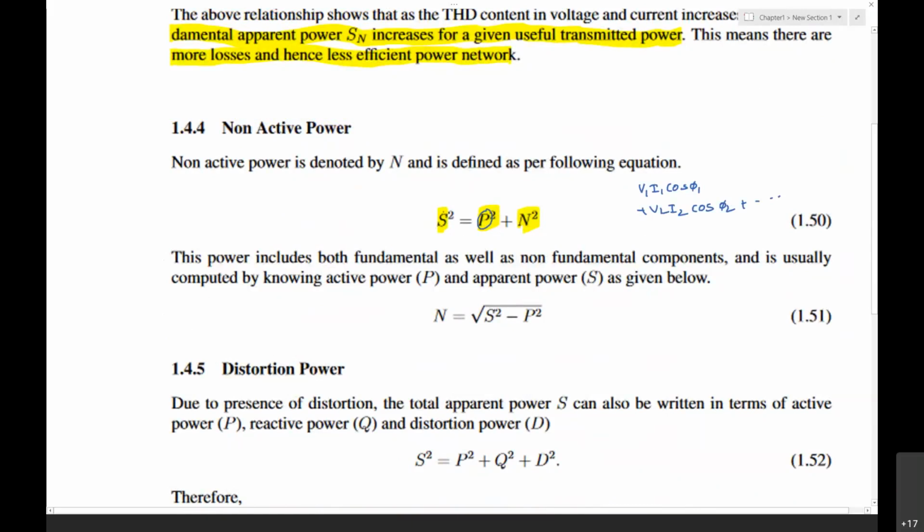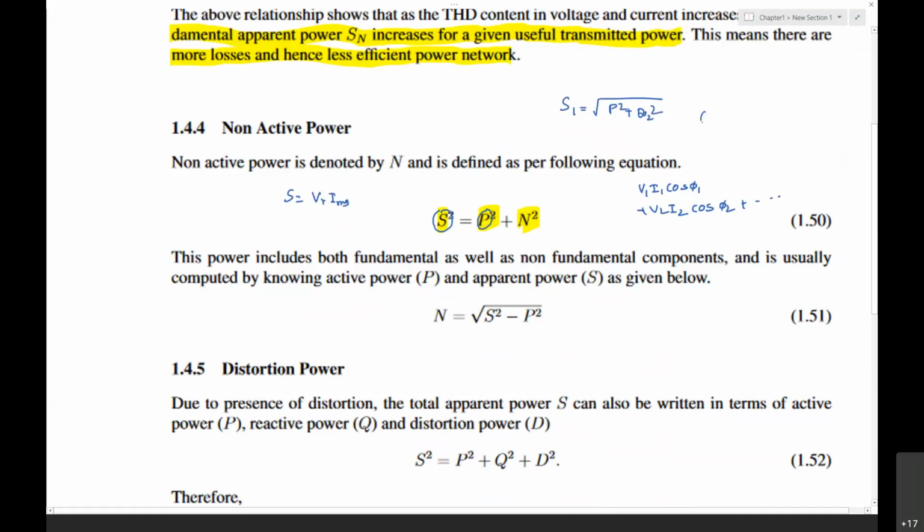When you try to find out the S square, the S is VRMS into IRMS. In this particular case, the way they are related is because when you have the fundamental voltage and fundamental current, we have the relation S1 is equal to the square root of P square plus Q square.